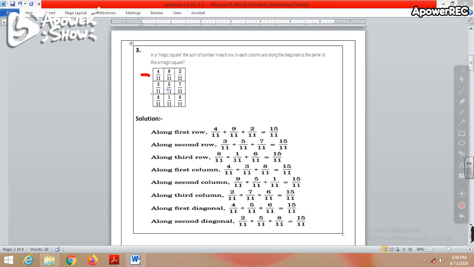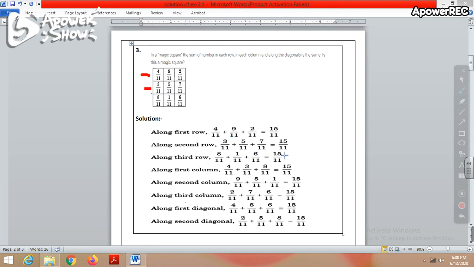Since all these fractions are like fractions, the denominator will not change, only you have to add the numerators. So 4 plus 9 is 13 and 13 plus 2 is 15. So along the first row the sum comes out to be 15 by 11. Now add the numbers along the second row, 3 by 11 plus 5 by 11 plus 7 by 11. So 3 plus 5 is 8, 8 plus 7 is 15.